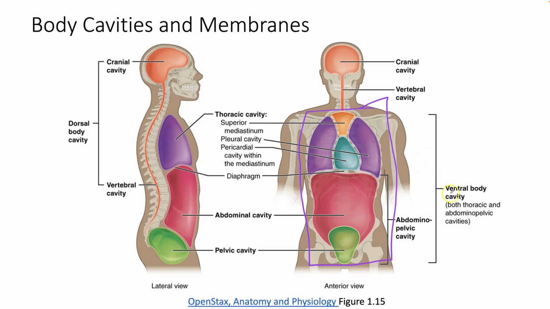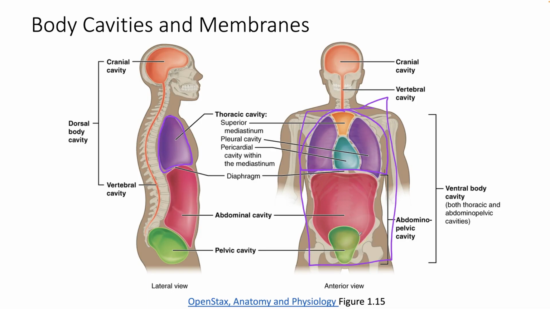The ventral body cavity can be further subdivided into the thoracic cavity, which is the one in purple. We could circle that thoracic cavity there. The abdominopelvic cavity below is separated from the thoracic cavity by the diaphragm. The abdominopelvic cavity can further be subdivided into the abdominal cavity, which is shown in pink, and the pelvic cavity, which is shown in green.